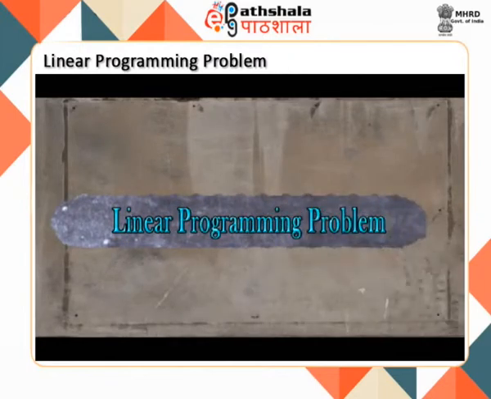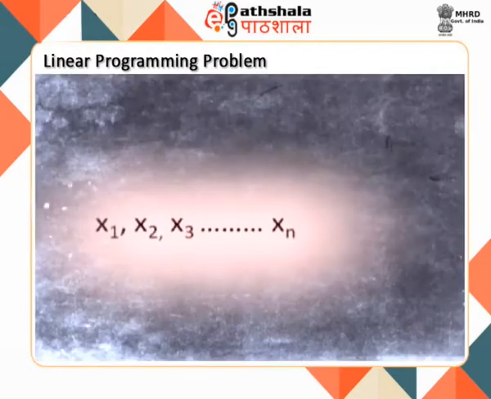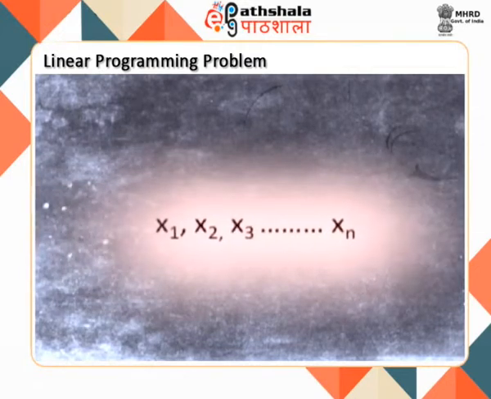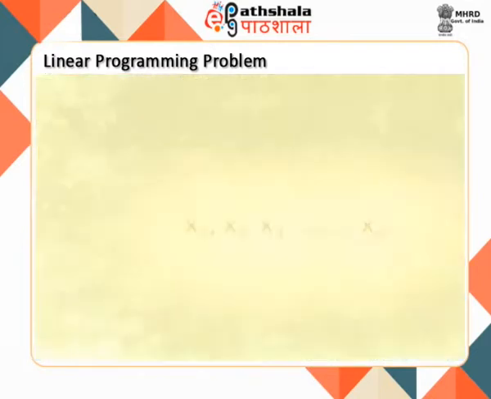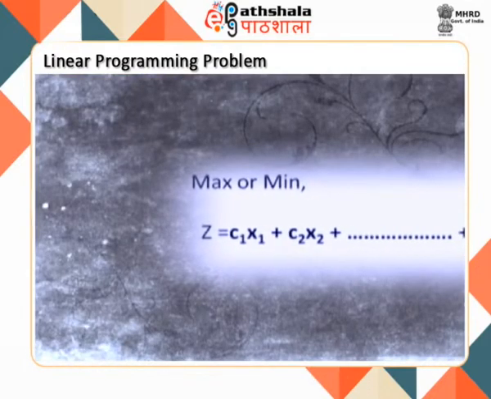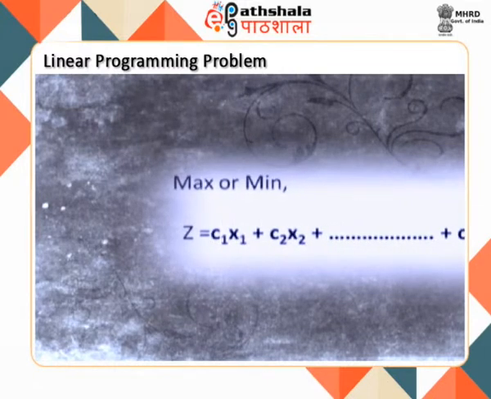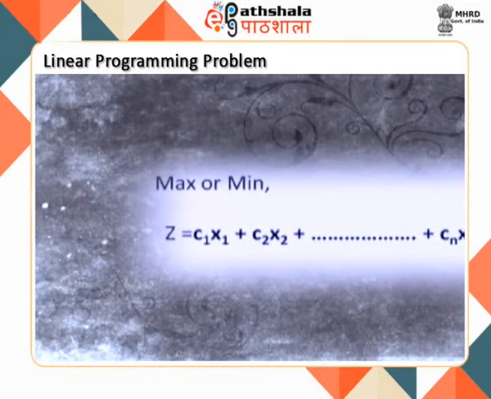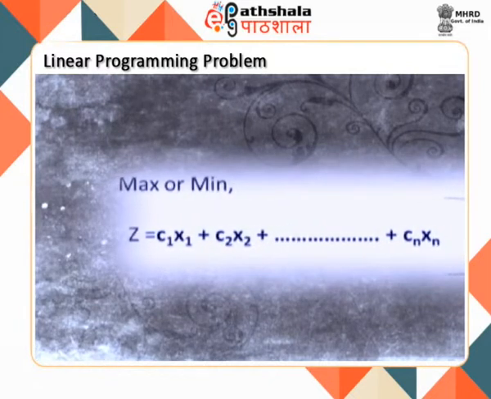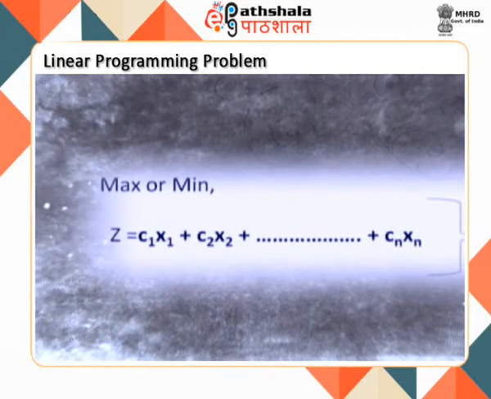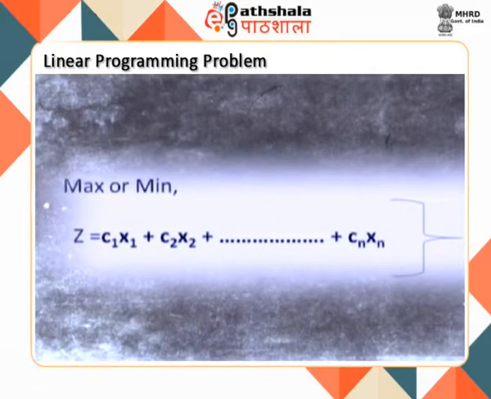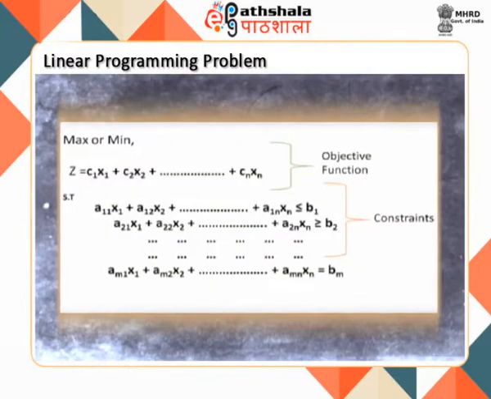Let's consider a linear programming problem having n decision variables, that is, x1, x2, and so on till xn. The standard format of a general linear programming problem may be written in the following format. The objective function is to maximize or minimize z, which equals c1x1 plus c2x2 and so on till cnxn, subject to constraints.